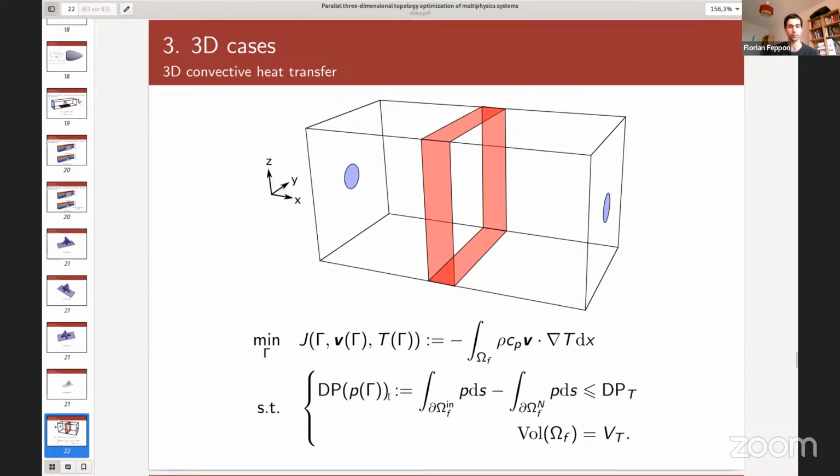We also prescribe a maximum pressure drop for the efficiency of the heat transfer, and also a volume constraint, although strictly speaking it would not be necessary.